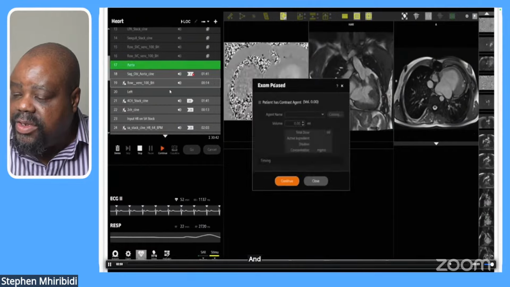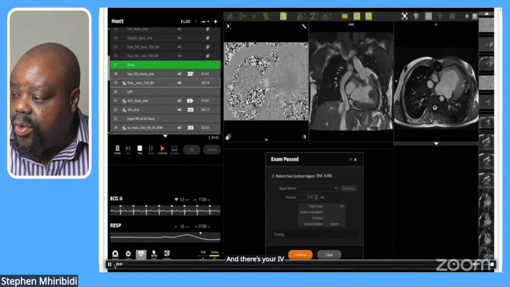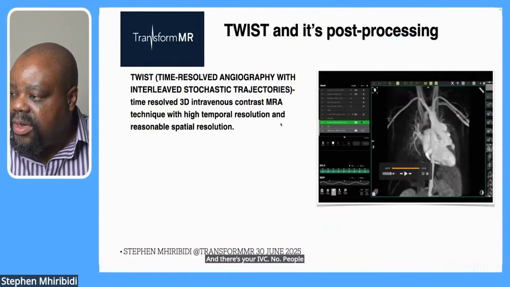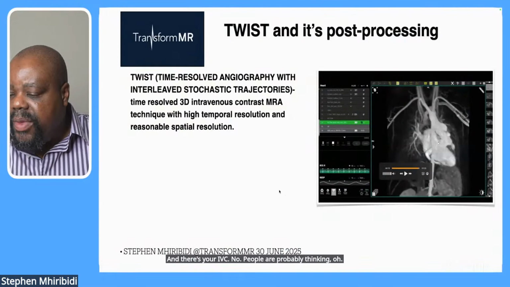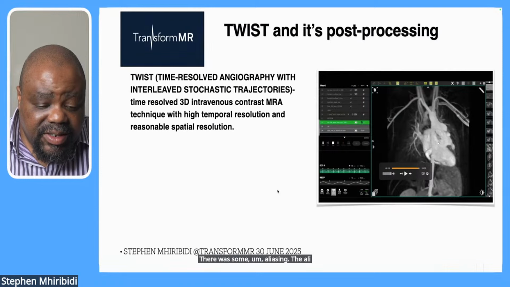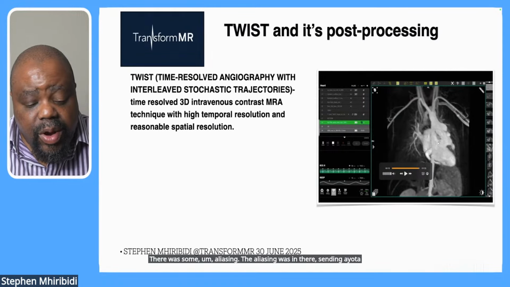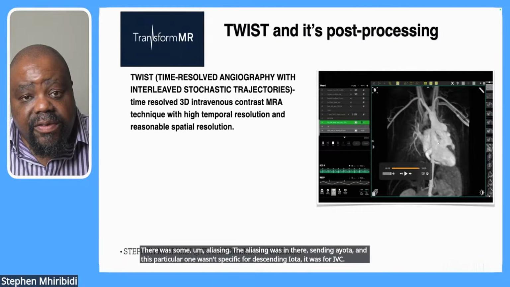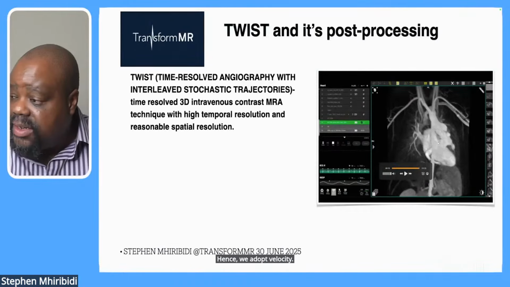And there's your IVC flow. Now, people are probably thinking, oh, there was some aliasing. The aliasing was in the descending aorta, and this particular one wasn't specific for descending aorta. It was for IVC. Hence, we had our velocity at 100 rather than 150.